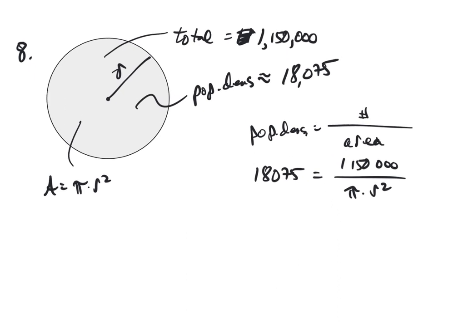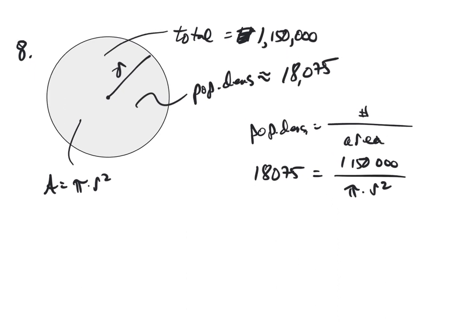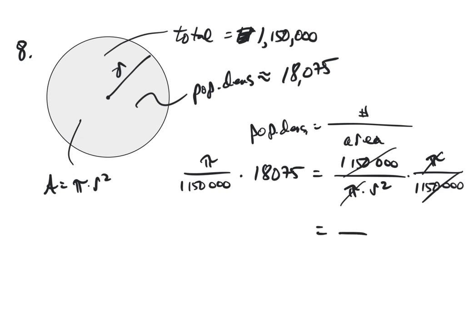So just as we did previously, a couple of steps here. First, I'm going to get rid of the pi and the 1,150,000. And whatever I do on one side, I have to do on the other. So on the right side, the pi's cancel top and bottom, the 1.15 millions cancel top and bottom, and so I'm left with an r squared, but again, unfortunately, it's down in the denominator.